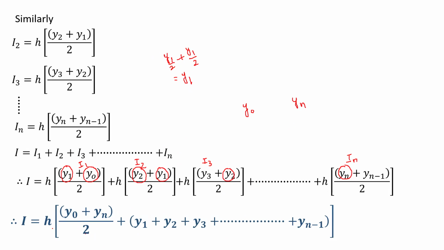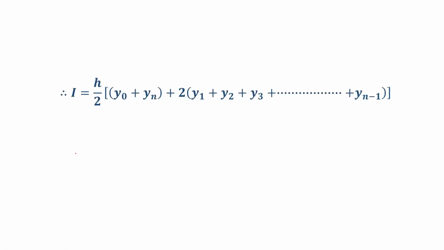If we take 2 outside from this, we get the trapezoidal rule, the trapezoidal formula, with h by 2 taken outside. So we have y naught plus yn, plus all the other verticals multiplied by 2.